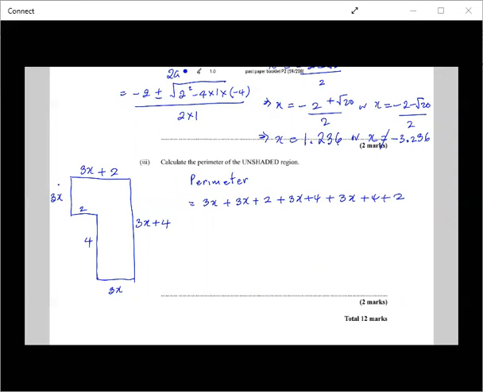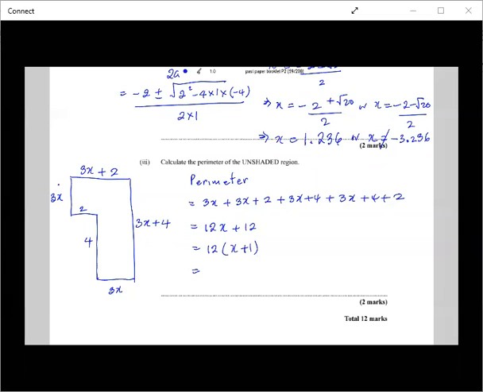So that would be the perimeter. Let's simplify it before we put in the value of x. We have 4 lots of 3x, so that's 12x. Then we have 2 plus 4, which is 6, plus another 6 is 12, plus 12. 12 is common, so this is 12 into x plus 1.